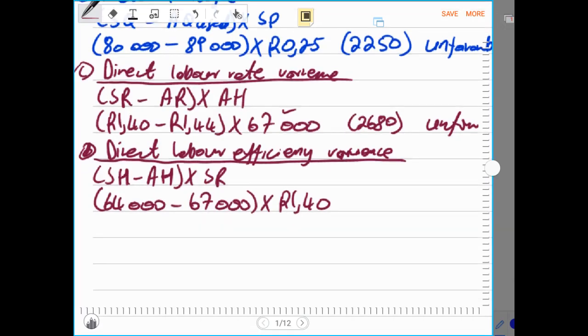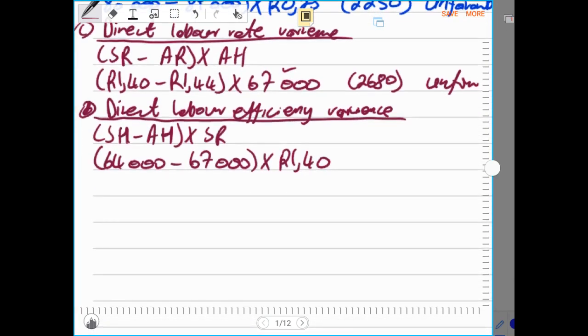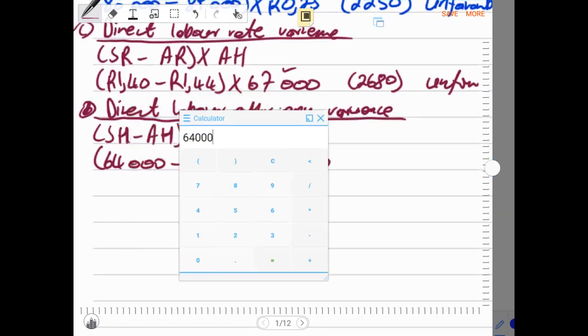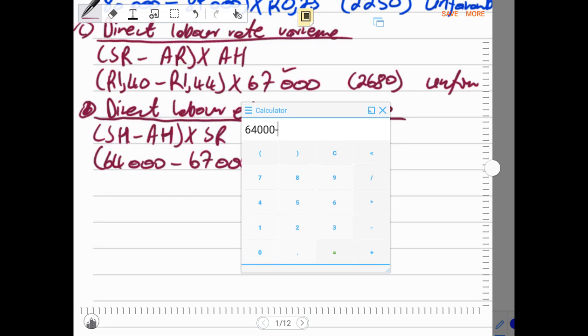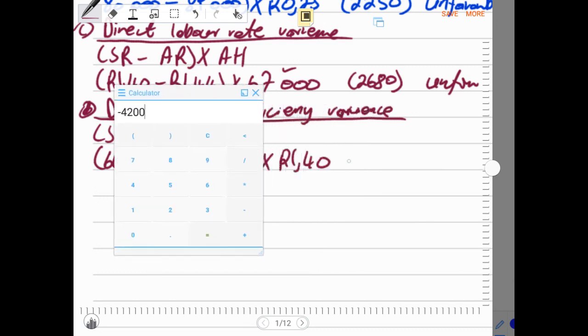Then we determine the variance once again, where we say 64,000 minus 67,000. We multiply this by 1 rand 40 cents, and this will give us 4,200 as a variance that is unfavorable once again.